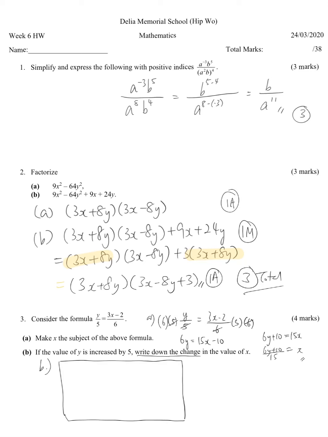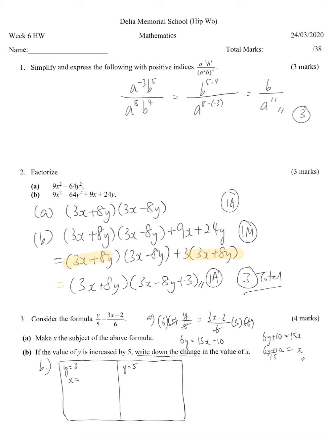So how we will do that is, first we'll assign that y was 0. Okay, and then because the question says y is increased by 5, the second value we'll consider is when y increases from 0 to 5, which is 5. And then all we need to do is to find the values of them individually.